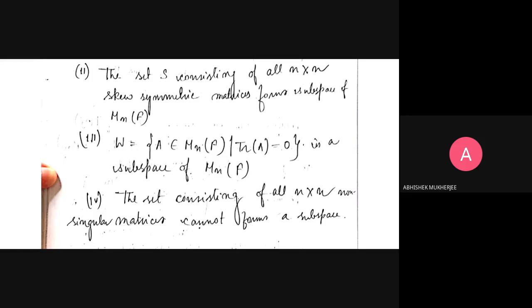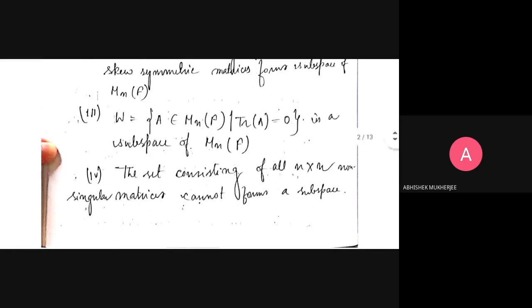Now I will come to the last question, that is the set consisting of all n cross n non-singular matrices cannot form a subspace. I want to say that the zero matrix is a singular matrix. We all know that.